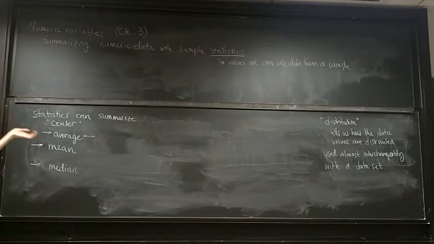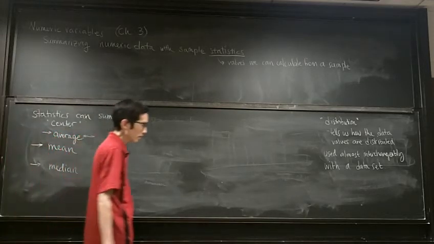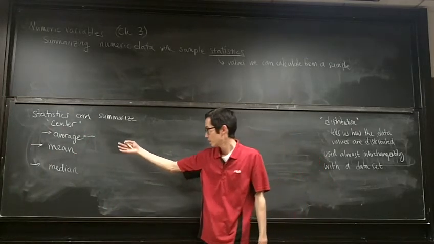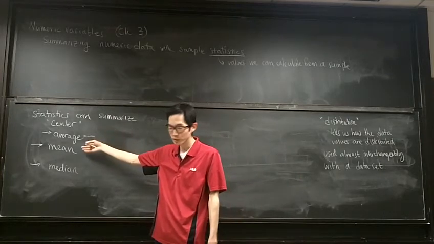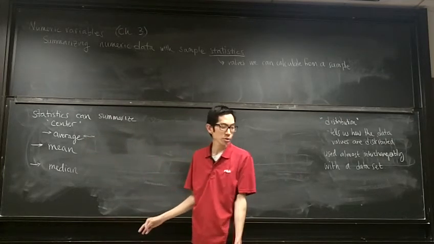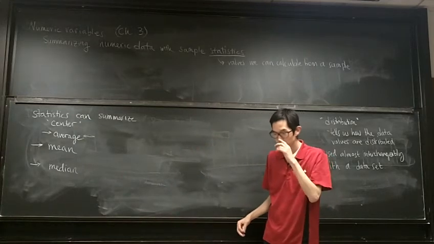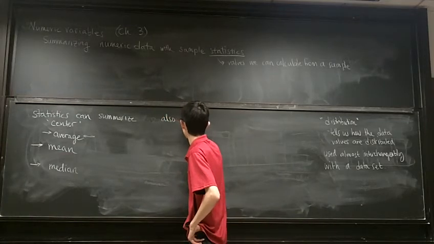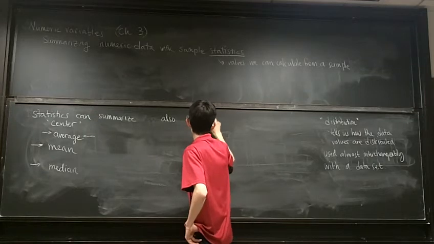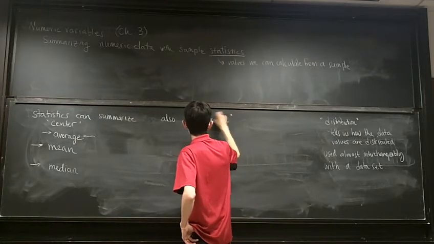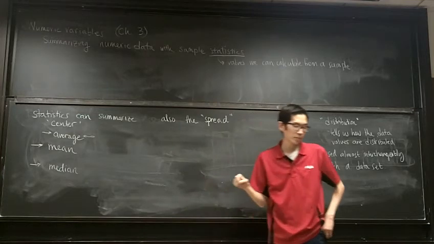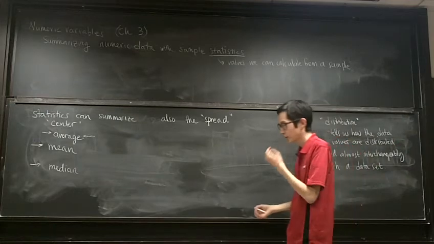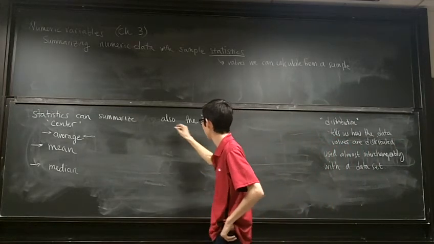And so sample statistics can provide us ideas of the center. We'll learn about the mean and the median. And they will also tell us about the spread. Okay? And the spread tells us basically whether the numbers are similar or vastly different.